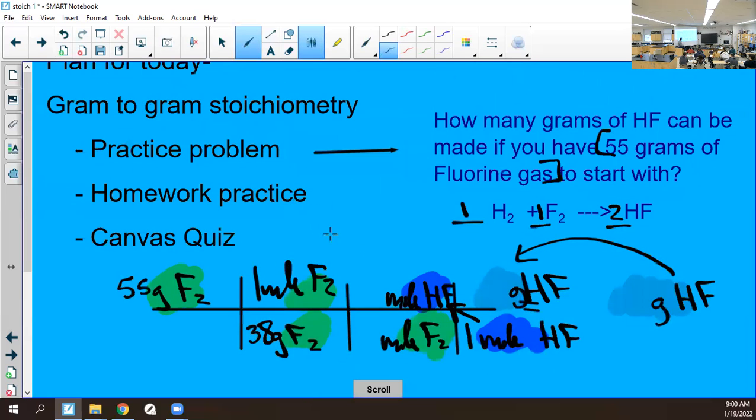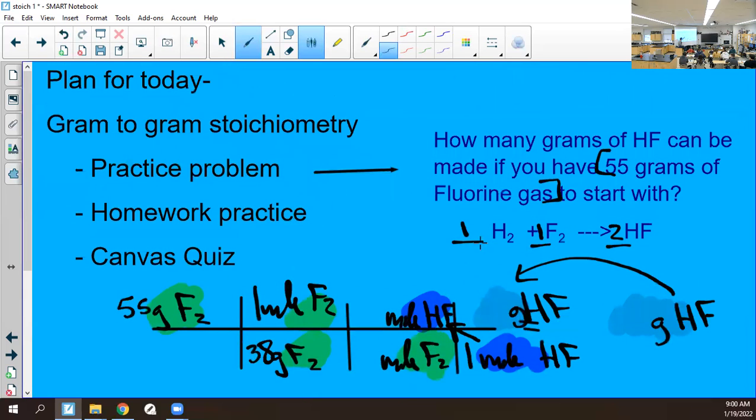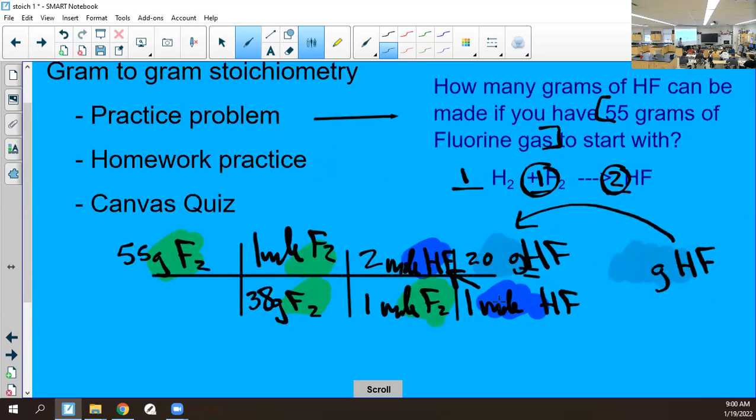Okay, back to the mole and mole. That just comes from here. So in front of HF was a 2 right here. In front of F2 was a 1. And then my grams of HF, it's 1 H, which is 1, plus 1 F, which was 19. So this is a 20. And then I'm ready to do math.